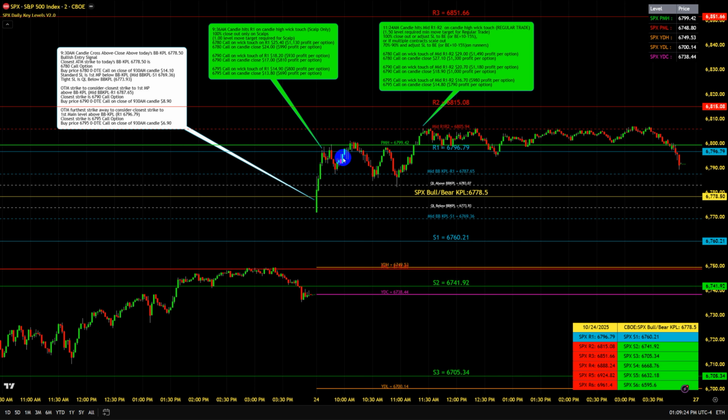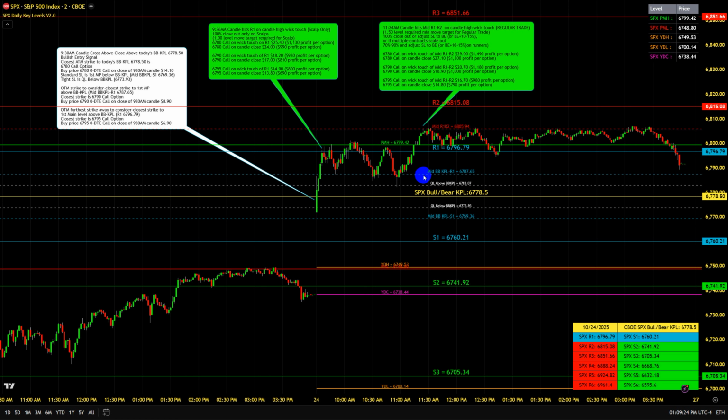Now other brokers may offer this as well, but many do not. This is an important thing to consider when using this indicator: it would be better to have a broker that does offer this feature, so you have it available if you prefer to use it.